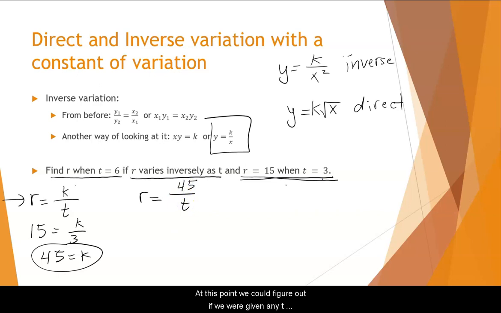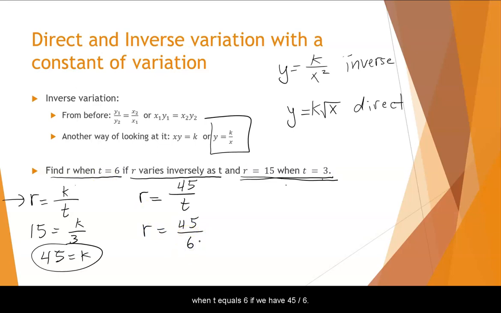At this point, if we were given any t value, we could figure out that r value. This is the general model for this mathematical problem. And now we can use that model to answer the first question we were asked. Find r when t equals 6.